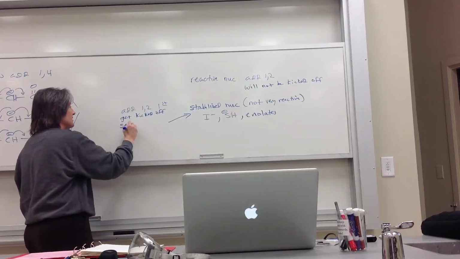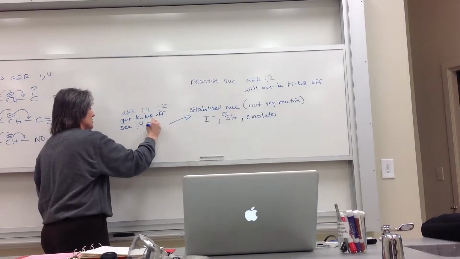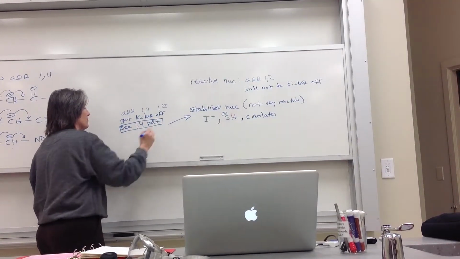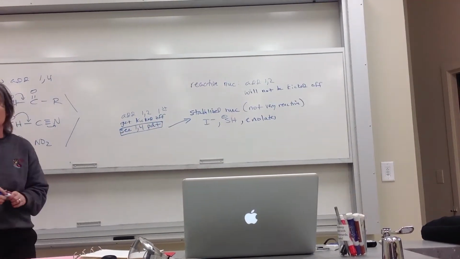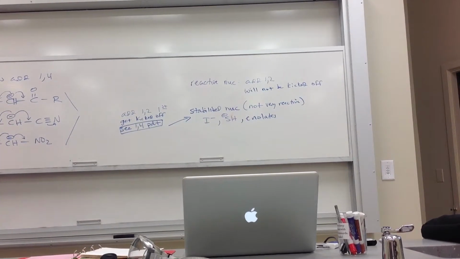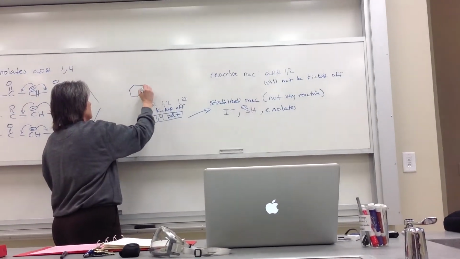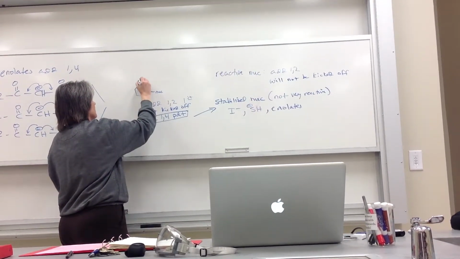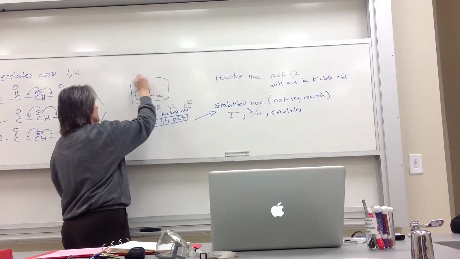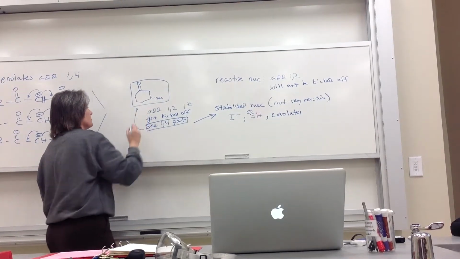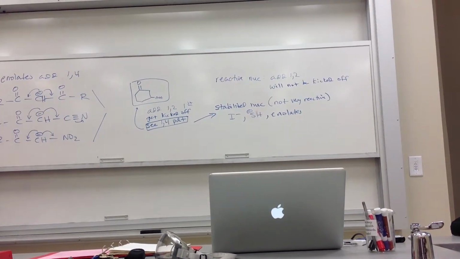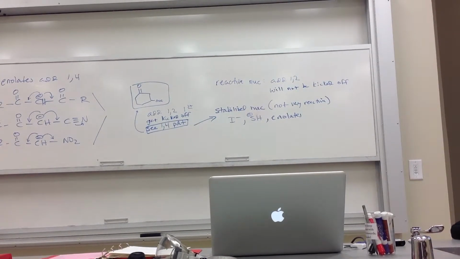And then what you finally see is you see preferentially the 1,4 product, not the 1,2. You see the 1,4. So what you'll see with these stabilized nucleophiles is you see this. And the question is why? Why do you see just the 1,4 and not the 1,2?